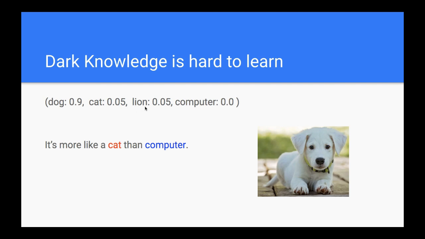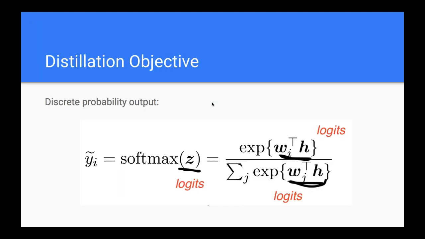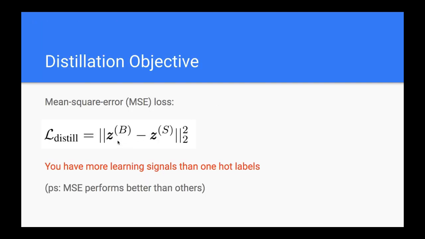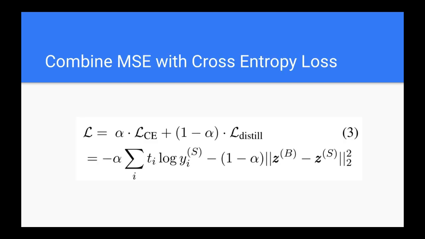It also looks like a lion a little bit, and it doesn't look like a computer. So the model can learn from that just by this formula. We do the logits mean square error loss, and that's all. In this paper, they also tried other kinds of loss functions, but they found that the mean square error loss function works the best, slightly better than others.